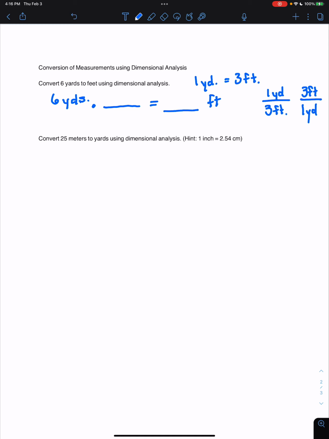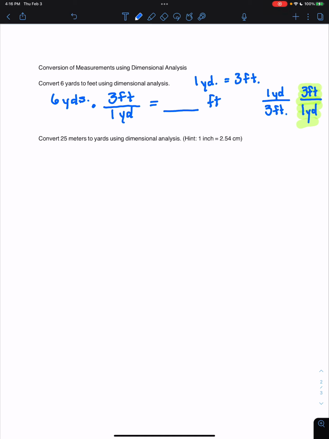The one that I am going to choose is the one with feet on the top and yards on the bottom, and I will show you why in just a minute. 3 feet and 1 yard on the bottom. Just like we simplified before we multiplied with our fractions, do you remember that?